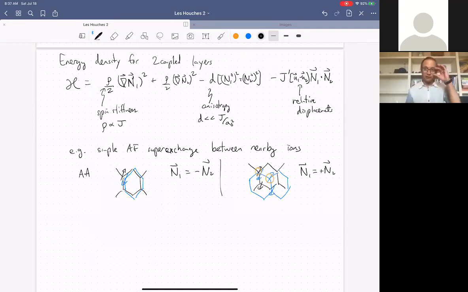So in general, this J of U varies and changes sign even on atomic scales.